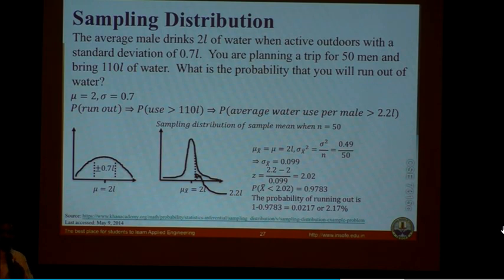If on an average people drink more than 2.2, which is 110 divided by 50. On an average, if this sample drinks 2.2 liters per day or more, then I will run out. What is that probability is what I want to understand. So I have everything. 2.2 is the value I am interested in. 2 is the mean.